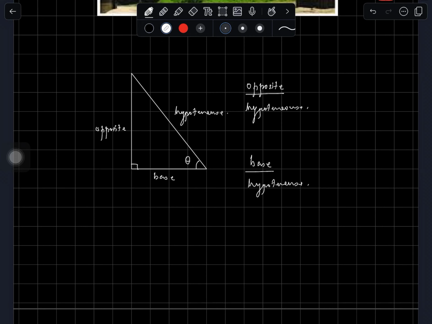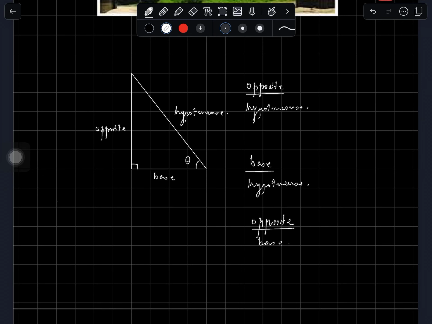That may also be possible. There may be another comparison that is possible, that is the opposite side of this particular angle may be compared to the base. Of course, there are three more in which we can make the reciprocals of these three primary comparisons.